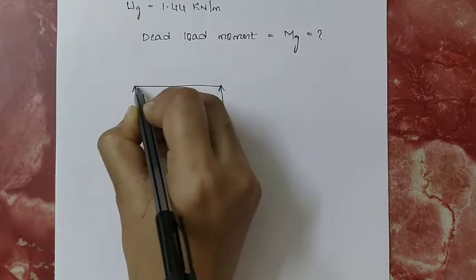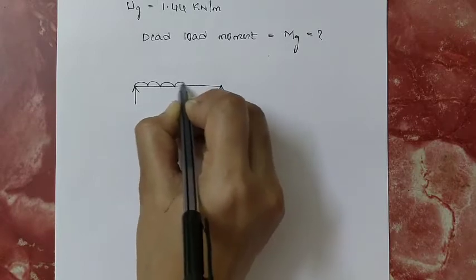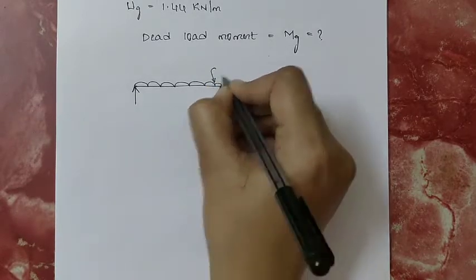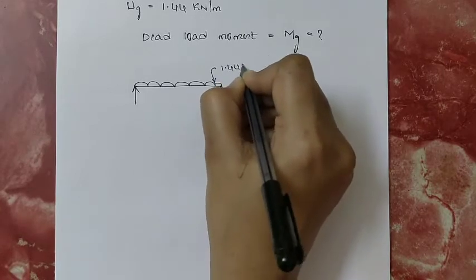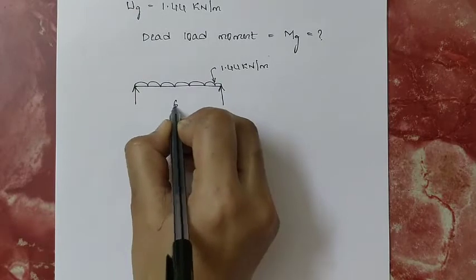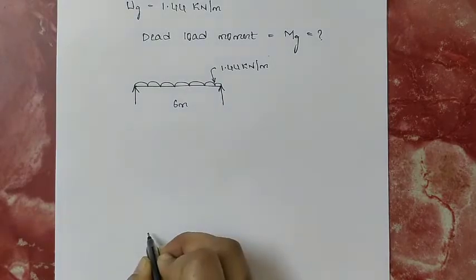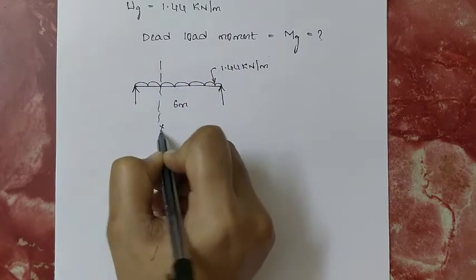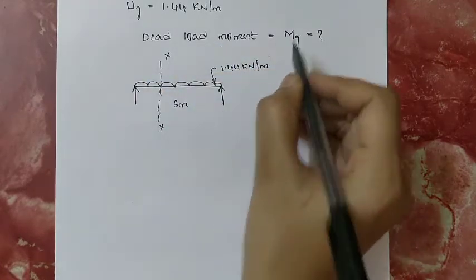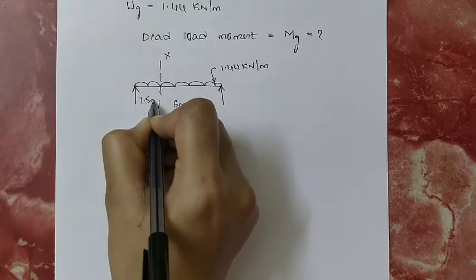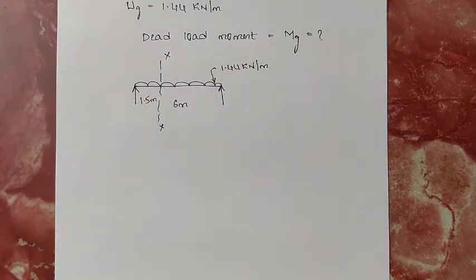The intensity of dead load is UDL, 1.44 kilonewton per meter. Overall span is 6 meter. At this section line, that is XX, you need to calculate the dead load moment. At the quarter span section means at 1.5 meter.